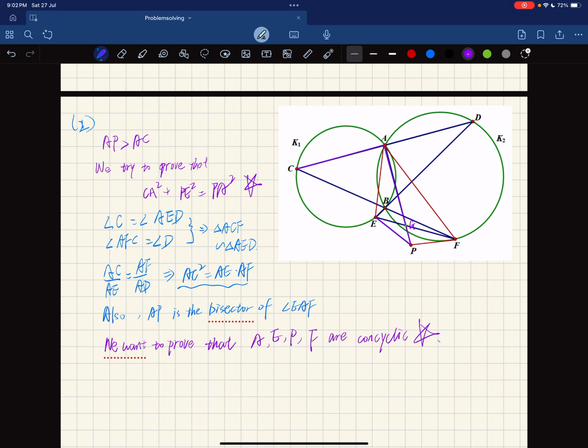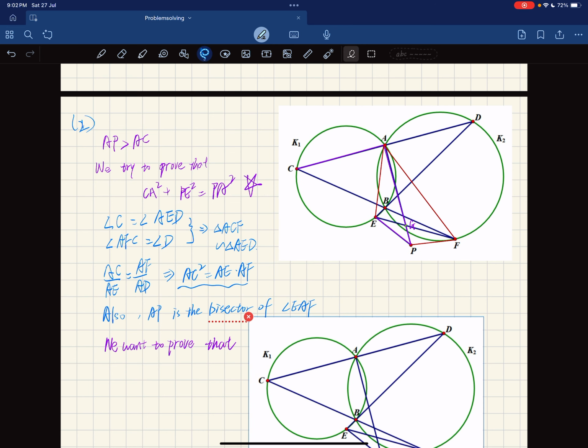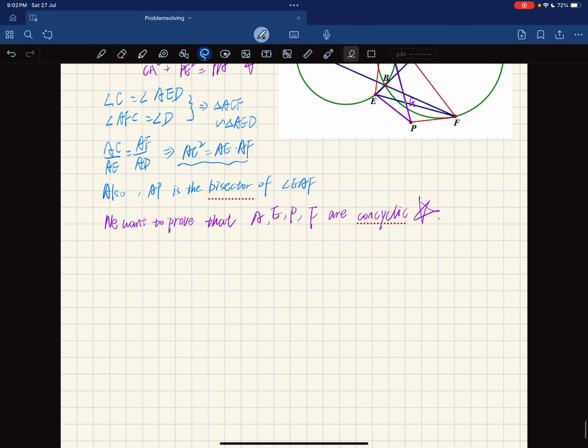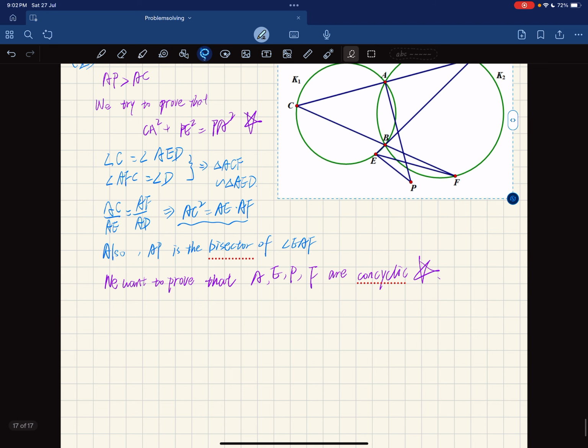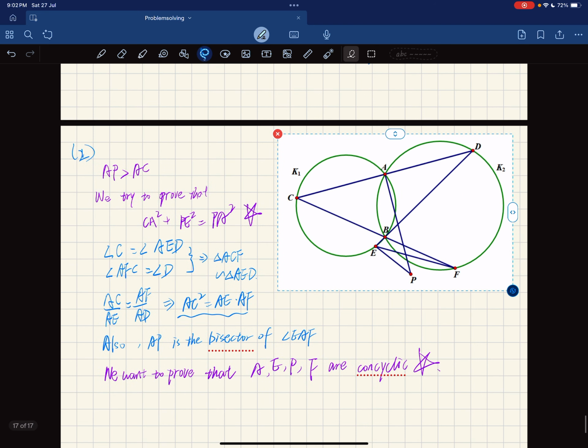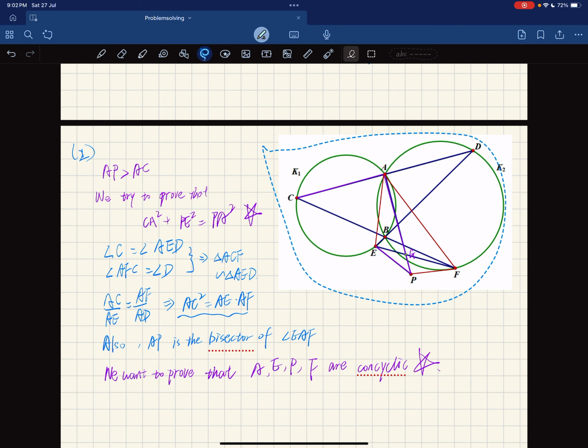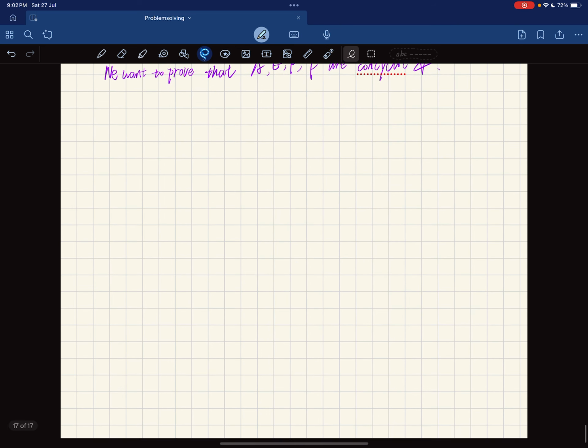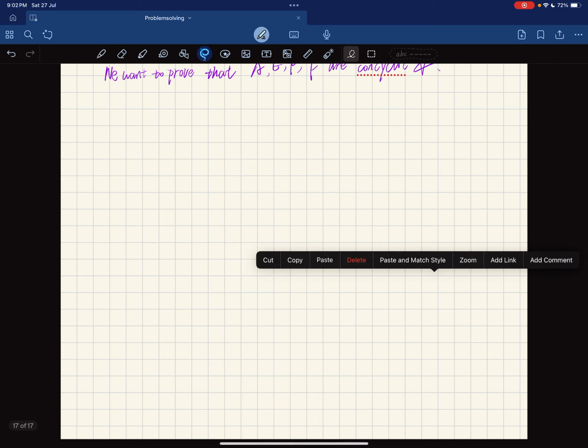That's the core, that's the key of this problem. So let's copy this photo and paste it here.